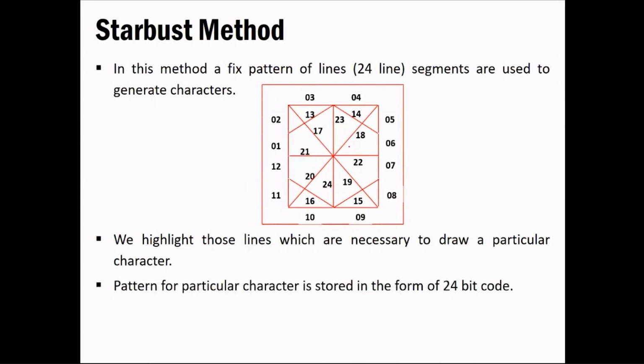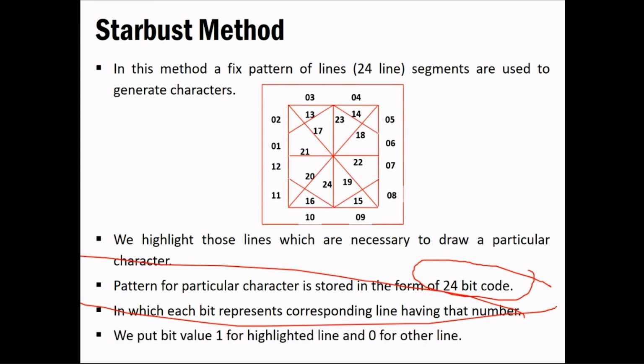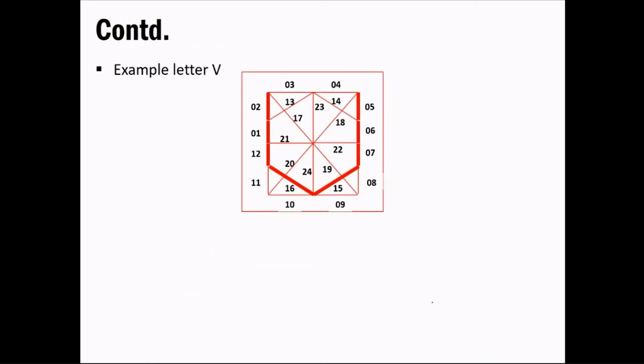Now, the pattern for a particular character is stored in the form of a 24-bit code, in which each bit represents the corresponding line having that number. Okay, we will see how it is stored. For a highlighted line we'll have value 1, and for the other lines we'll have value 0. To illuminate it is 1, else 0.